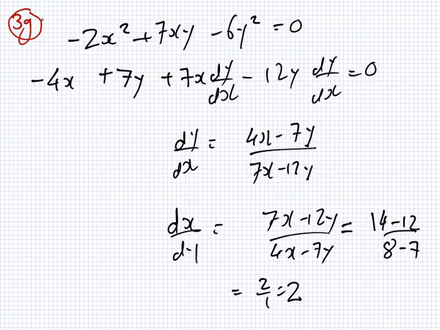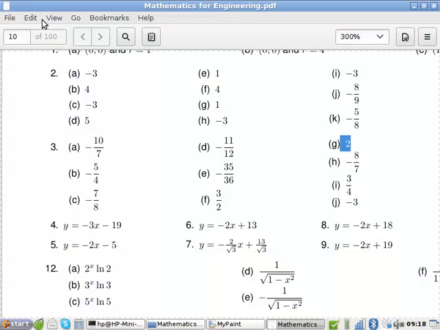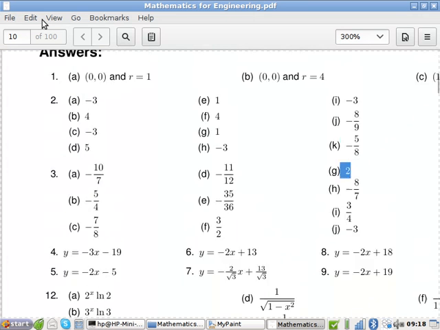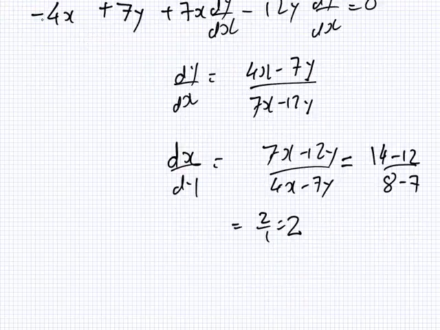Question 11. In this lesson? Faisal, what? Alright. Find the equation of the normal. Oh, sorry, do you need to write that down, Yusuf? No? Okay. Right.